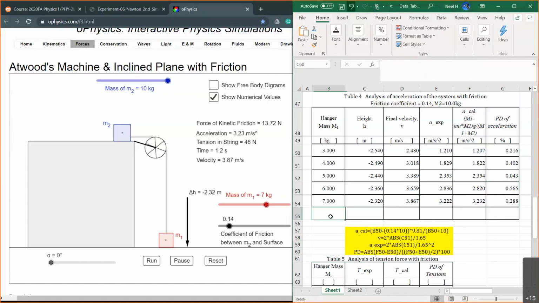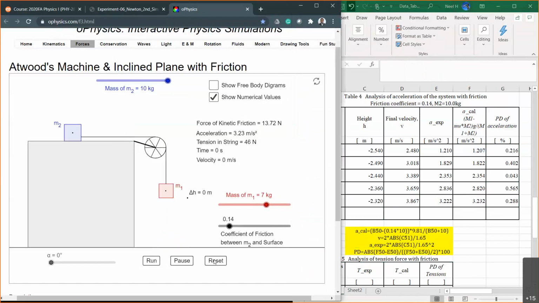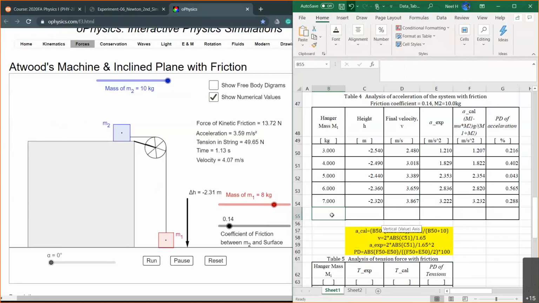Okay, so let's do one more data point. Any question? 8 kilogram. Start, and wait until it is done. We are on 8 kilogram, negative 2.31.